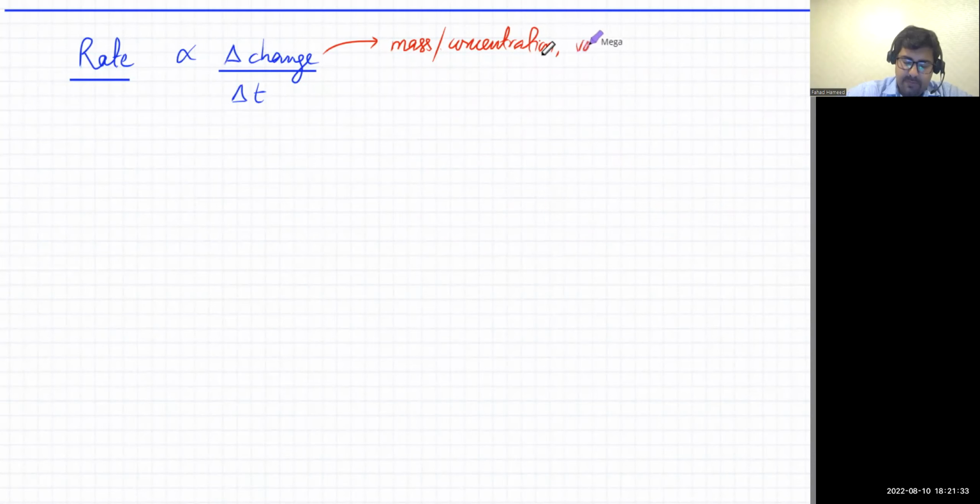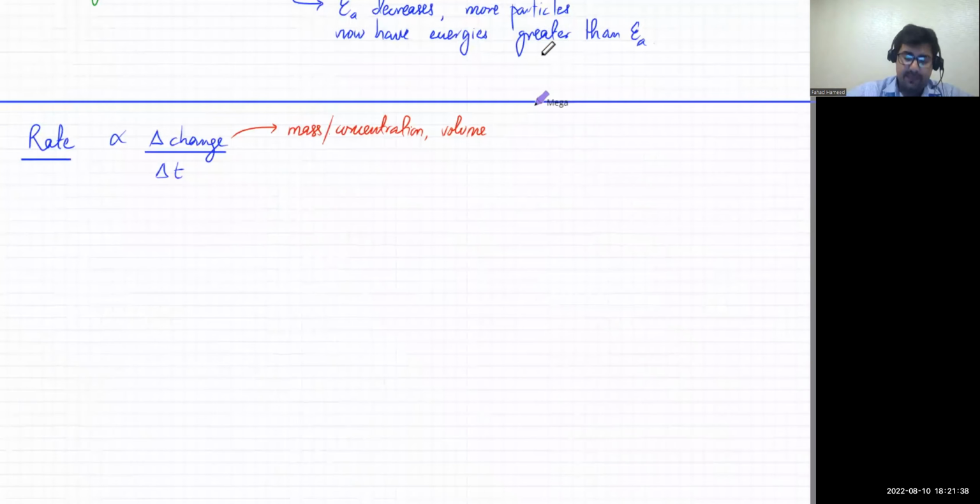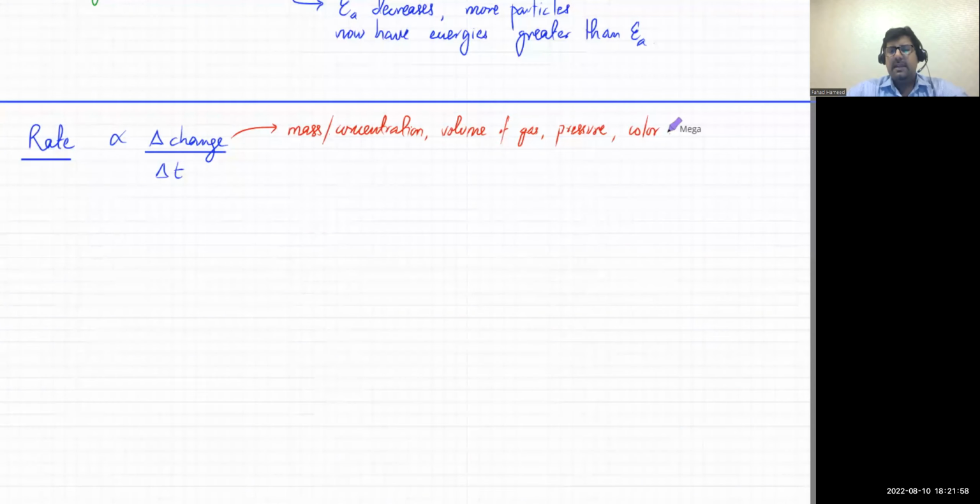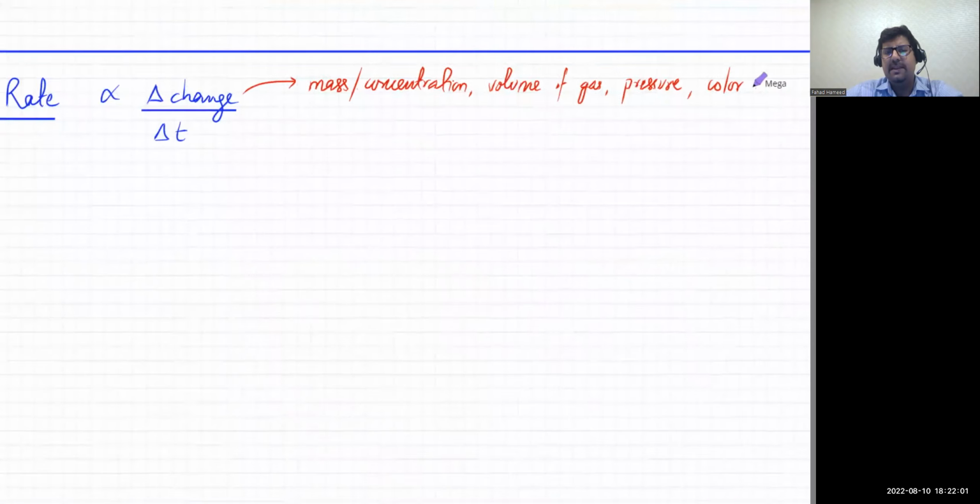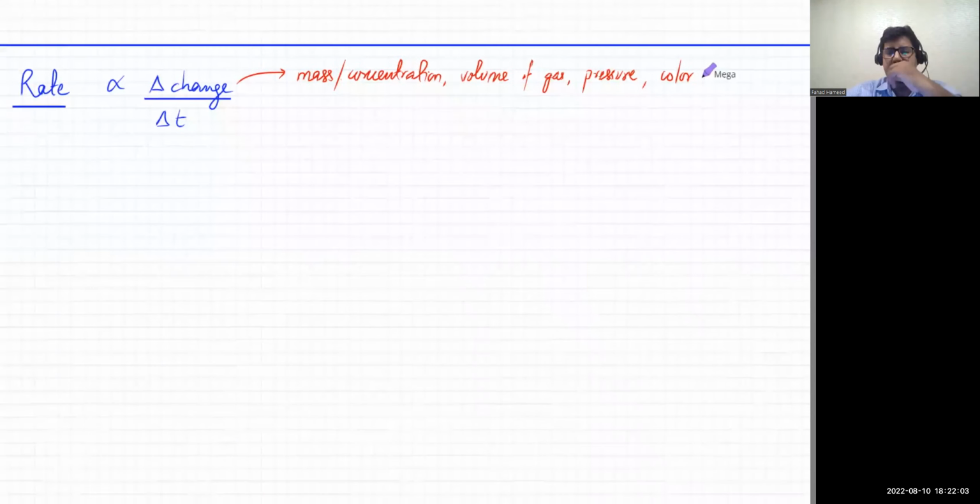You can talk about pH changing. Pressure changing. There could be color changes. But it has to be something that could be easily observed or measured, etc. You can just keep on going with this.